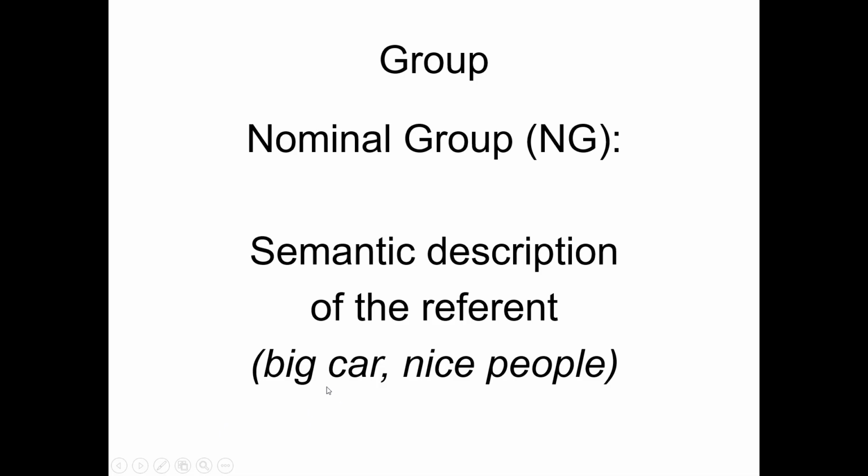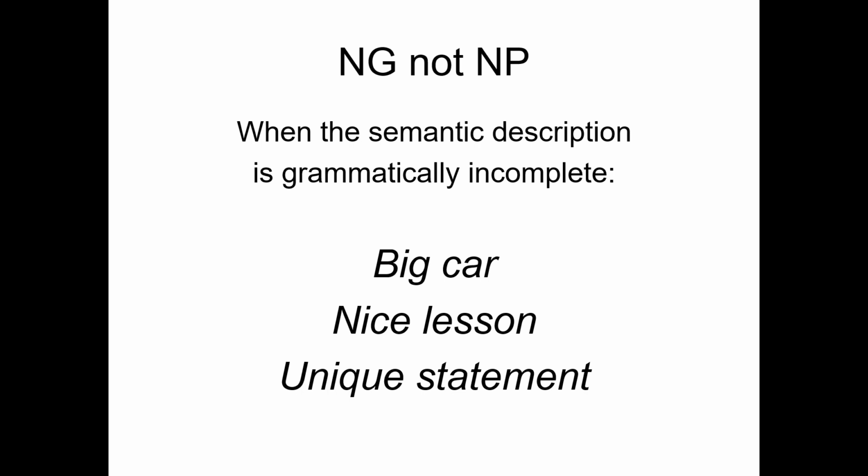It's not a complete noun phrase because it's not grammatically complete. You can't say I have big car. Something is missing, the indefinite article. So big car is just the semantics of what you are talking about without the determiner like article to go before it. This is a nominal group.